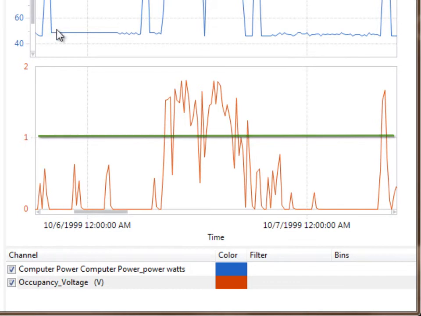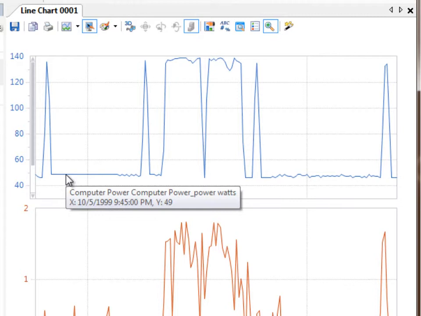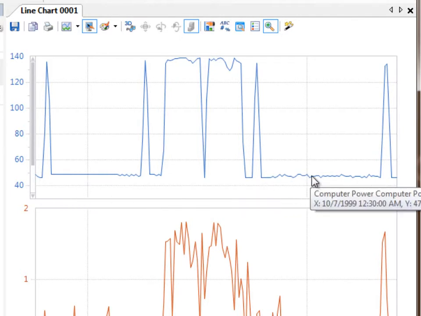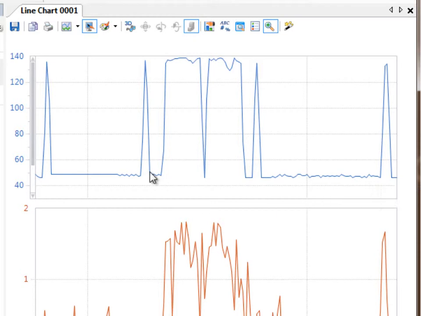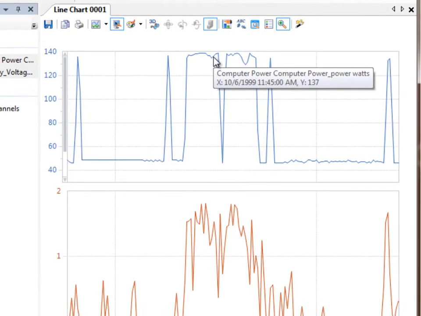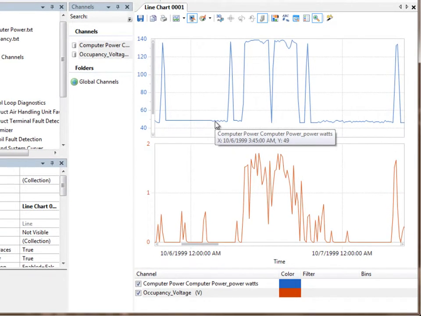The PC that we're monitoring, the computer power, appears to be in sleep mode or something close to it with about 49 watts of power draw at night. During the day when it's actually on, it peaks at about 140 watts. So the idea would be, of course, if we made an occupancy sensor permanent, that all these nighttime draws would vanish.